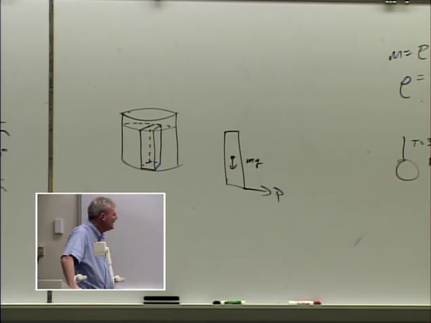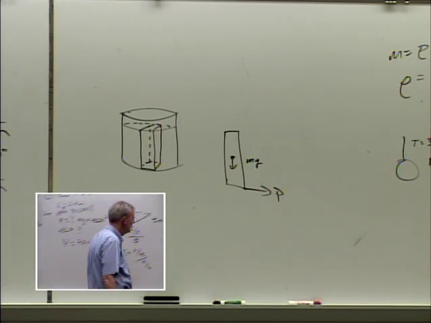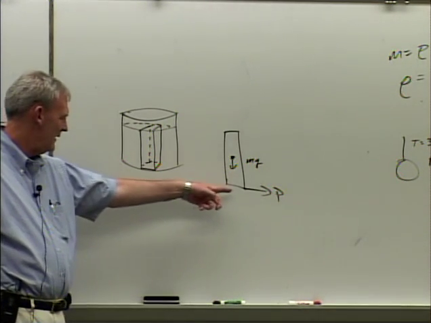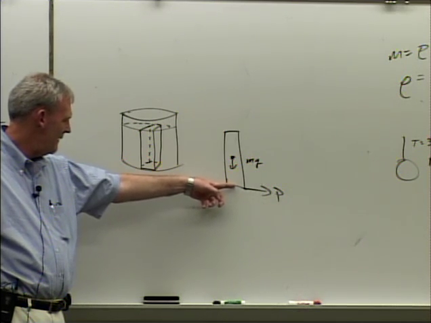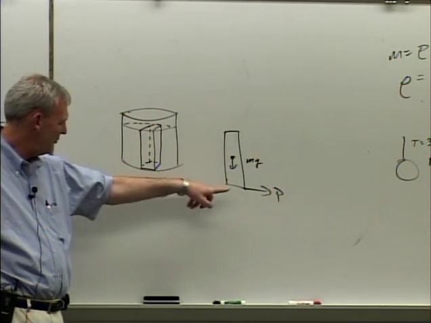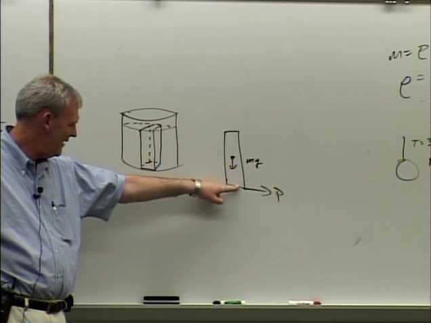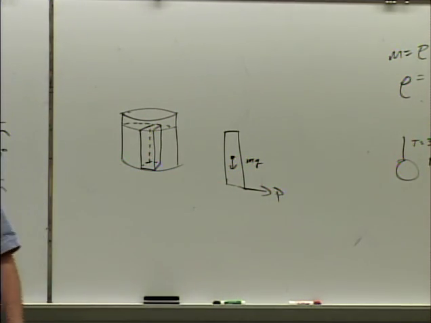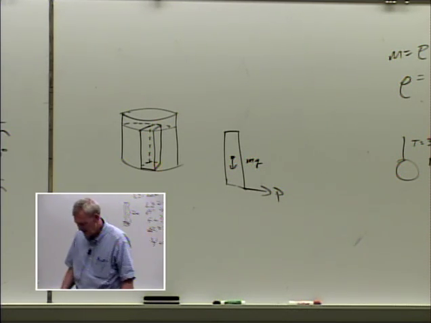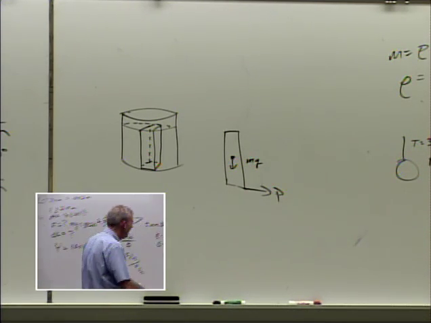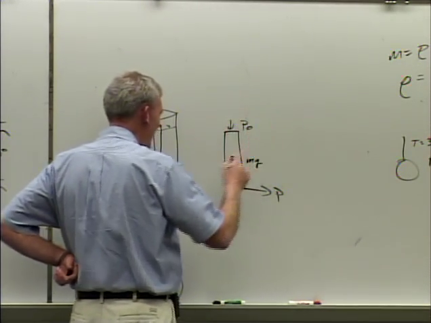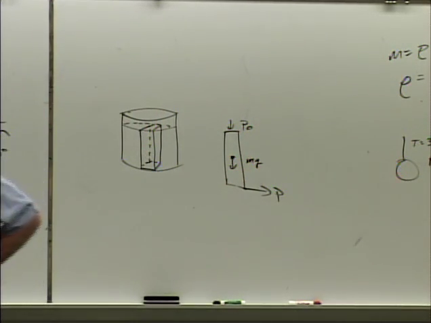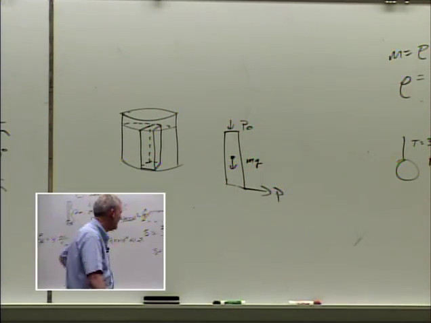All right. Now, here's the deal. There's a total pressure right here. There's a pressure that it feels because of the weight of the thing pushing down on it. And it's also got a pressure up here, P naught, which is our 1 atmosphere, 1.01 times 10 to the 5th pascals.